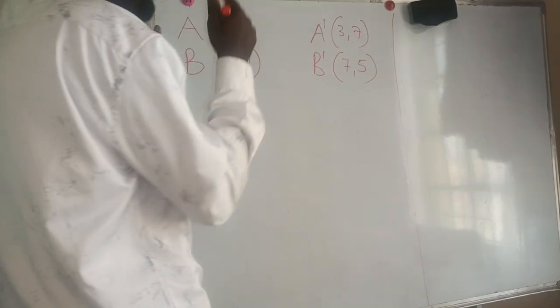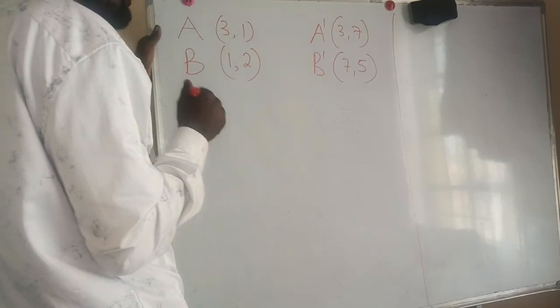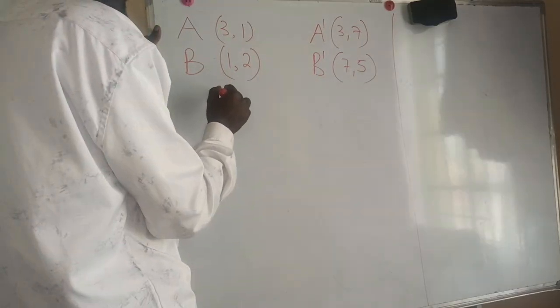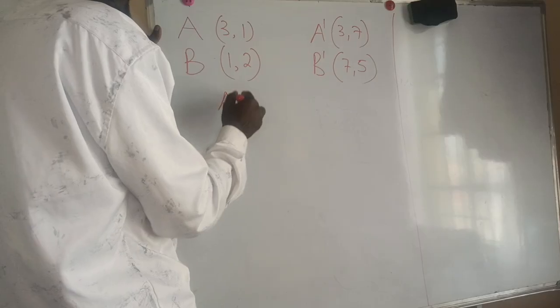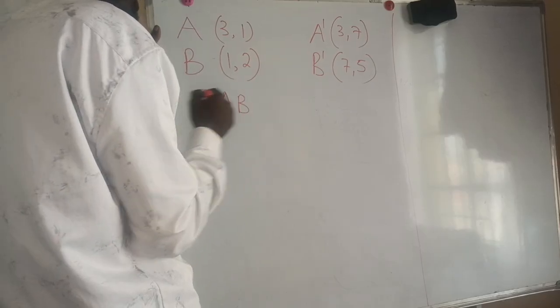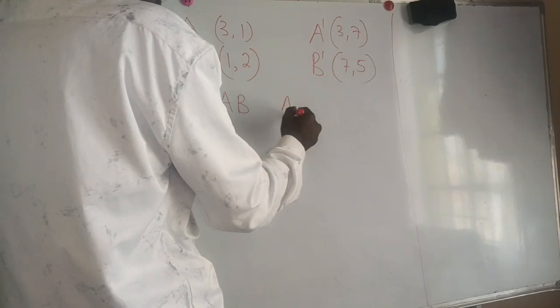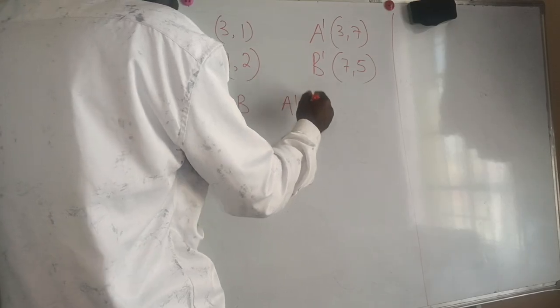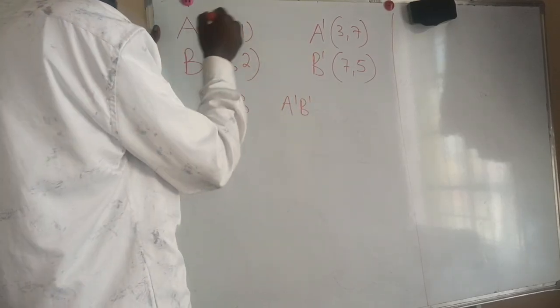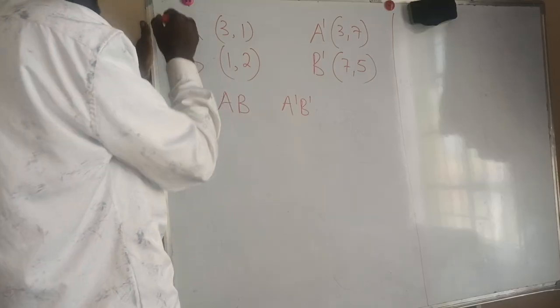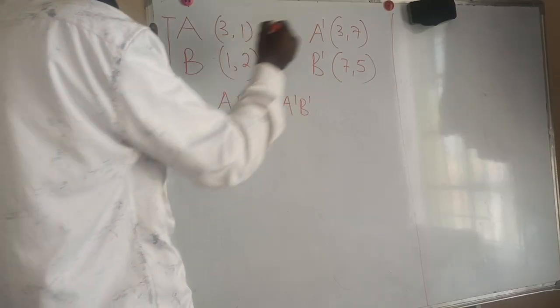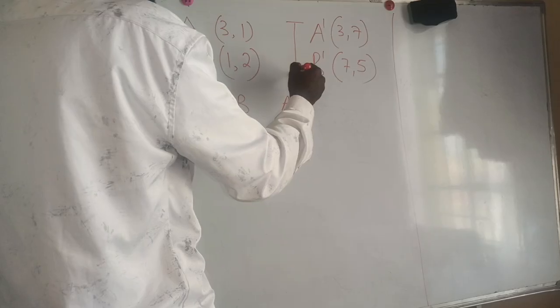So for me to get the enlargement scale factor, I'm supposed to first get the magnitude of line AB. Then I also get the magnitude of line A prime, B prime. Always get the magnitude of the object, get the magnitude of the image.